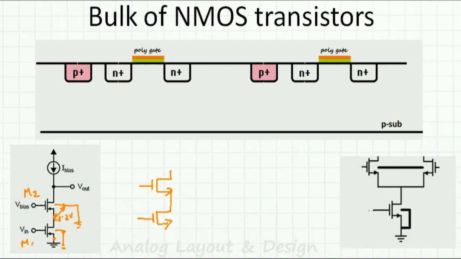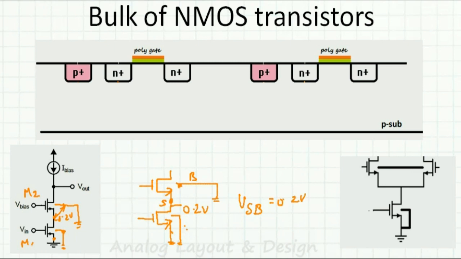this is the cascode amplifier. Assume this is 0.2 volt. This one is connected to ground, source and bulk both at ground. But here the bulk is at ground while the source is not at ground, say around 0.2 volt. I have something known as VSB, the source-to-bulk voltage, of 0.2 volt.